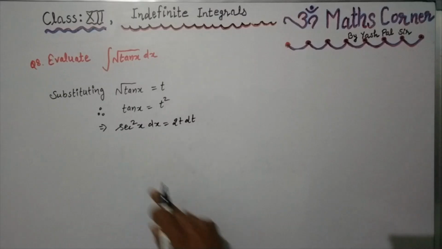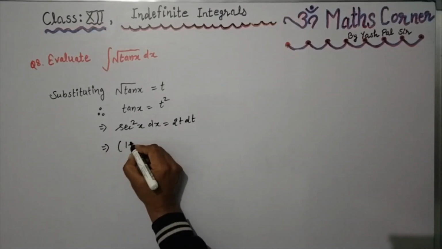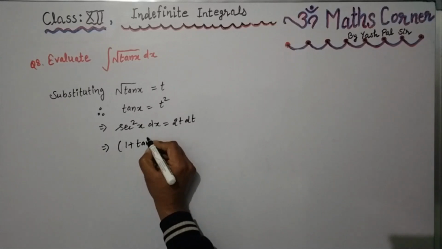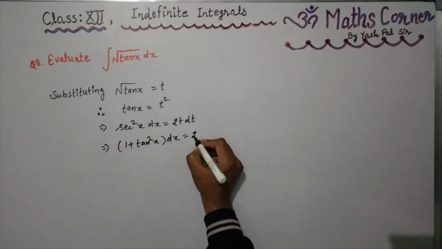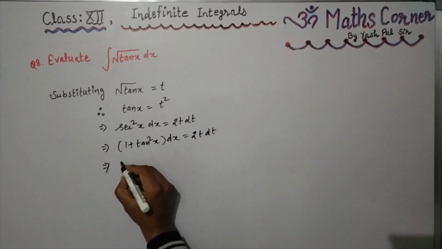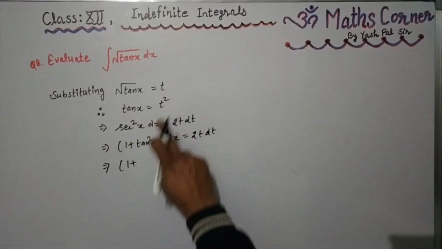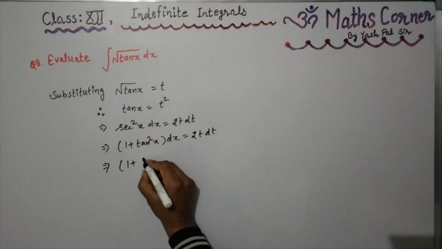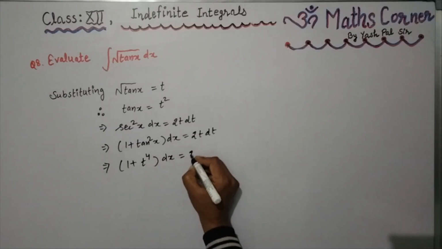Again taking the derivative. Derivative of tangent x is secant square x into dx, which is equal to 2t into dt. Secant square x, further we can write this as 1 plus tangent square of x into dx, which is equal to 2t into dt.